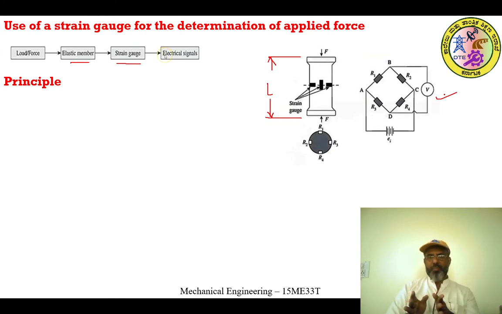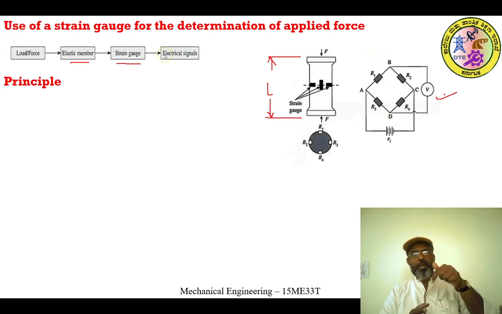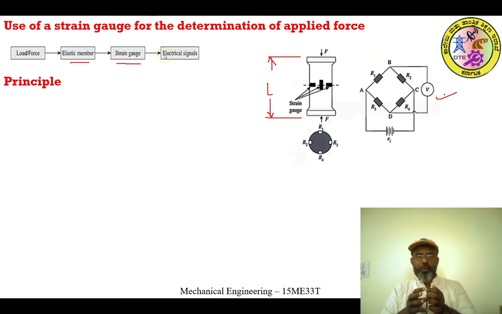Therefore, you should remember spring balance is a primary transducer, whereas the strain gauge type load cell is a secondary transducer. Similarly, a proving ring is also a secondary transducer, because in the proving ring the applied load deforms the ring, that is the primary transducer, and that deformation is measured with the micrometer screw wheel.